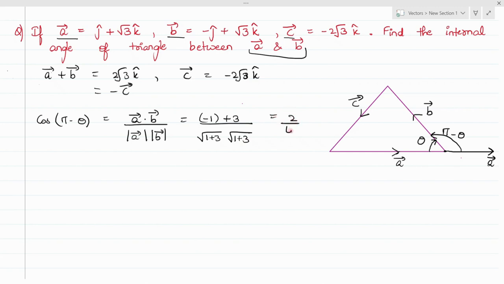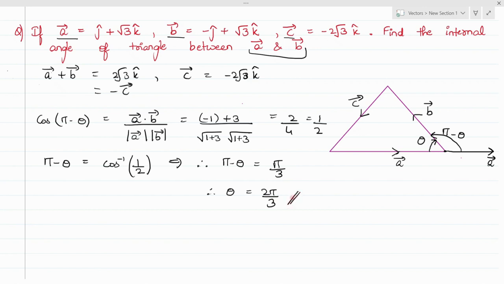It becomes 2 by 4, that is 1 by 2. So pi minus theta is cos inverse of half. Pi minus theta is pi by 3. From here, theta becomes 2 pi by 3. So 2 pi by 3 is the internal angle between A and B.